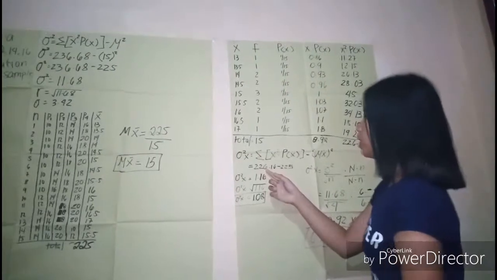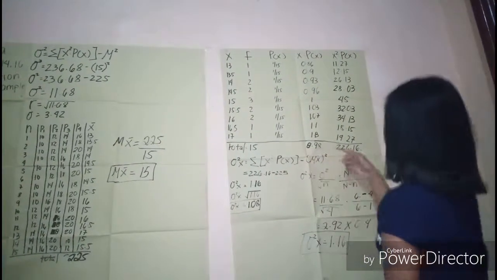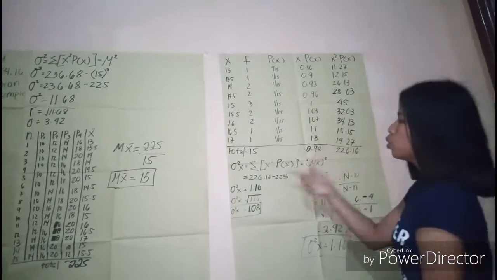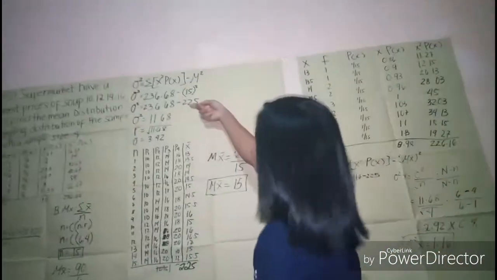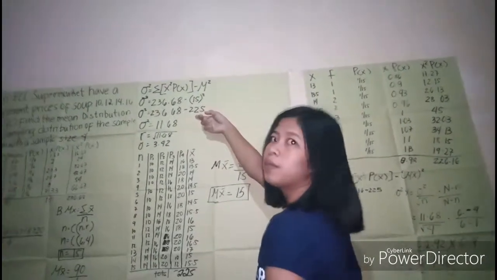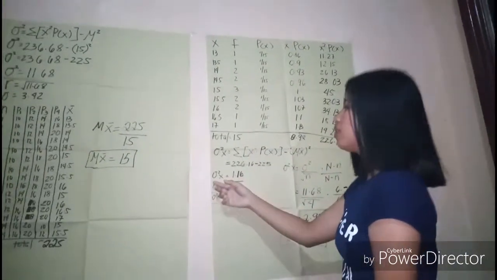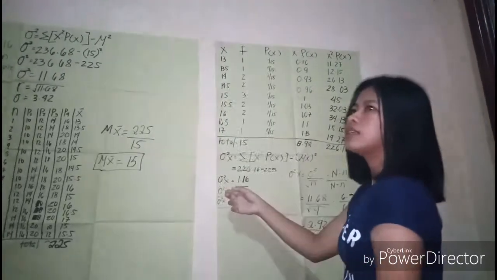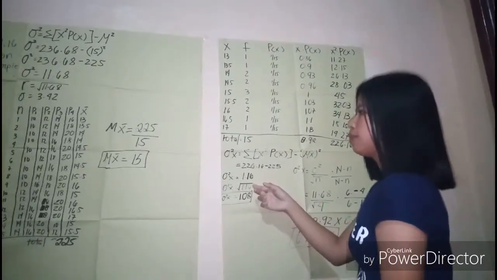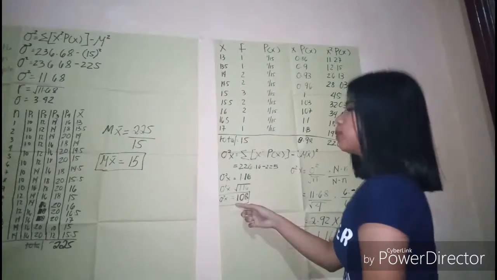Yung 226.16, nakuha natin siya dito. Yung 225 naman is dito sa population variance. So, i-minus lang natin. Yung nakuha natin sa sample variance is equals to 1.16. Then, i-square root natin siya. Yung magiging sagot is 1.08.